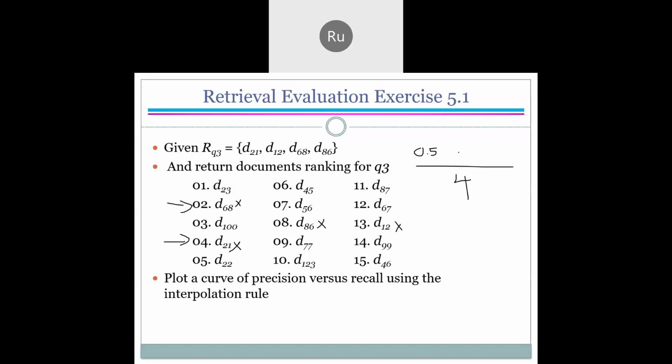Precision here is also 0.5. The precision here will be 3 over 8, and then the last one will be 4 over 13, divided by 4. So this is your mean average precision for query 3. So that's very straightforward.